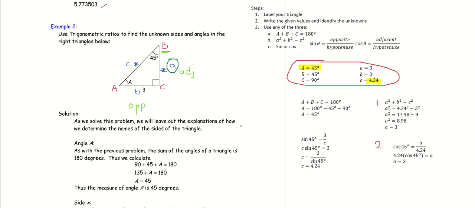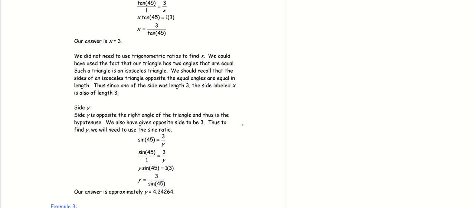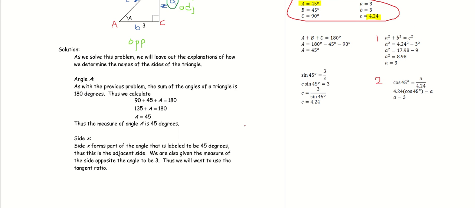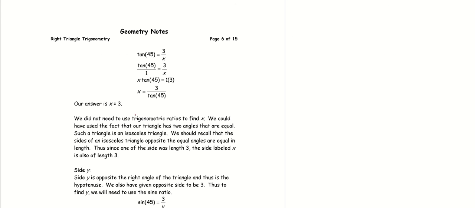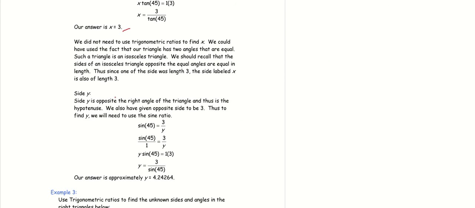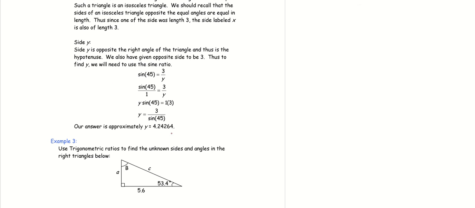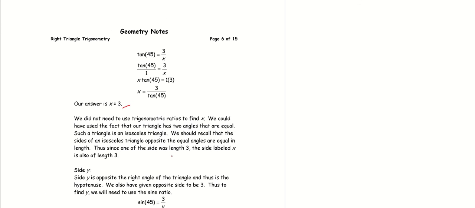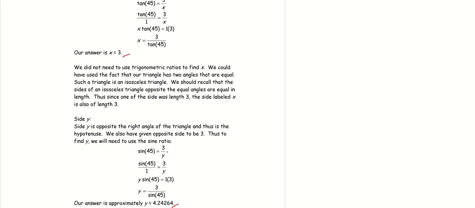Okay? Alright, so check muna natin kung tama. So, 45, 45, tsaka 3 at 4.24. So, tama. 4.24. Okay. So, sabi dito, we did not need to use trigonometric ratios to find x.